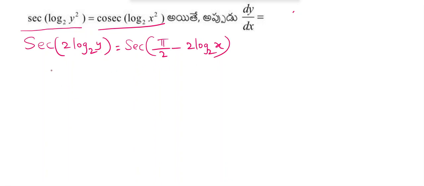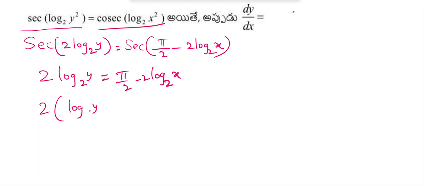Here both sides sec cancelled, 2 log y base 2 is equal to pi by 2 minus 2 log x base 2. So take 2 common: log y base 2 plus log x base 2 is equal to pi by 4.